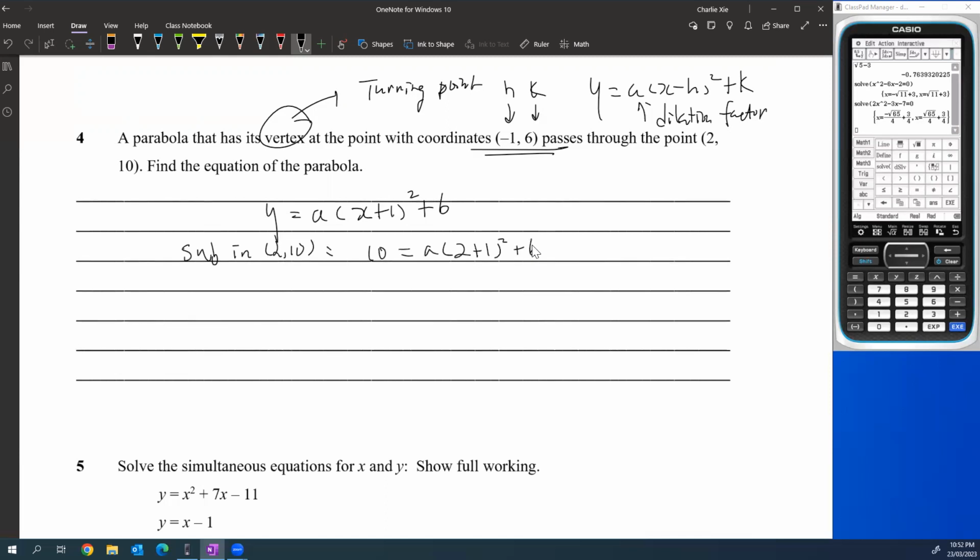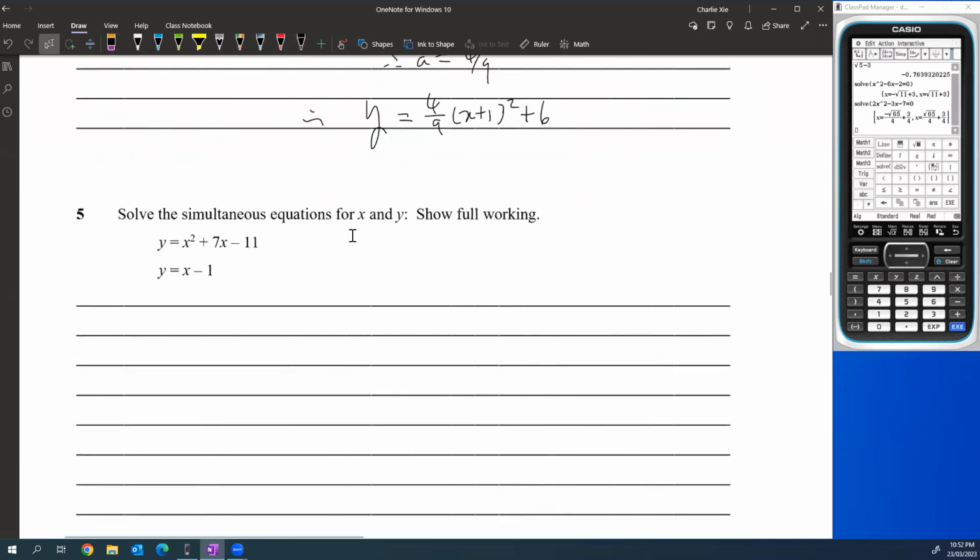Let's find a. 10 equals a times 2 plus 1 is 3, 3 squared is 9, plus 6. Therefore, taking away 6, a equals 4 over 9. Here we go, we found a. Remember, it's asking for the equation, so don't just stop at a. Therefore, y equals 4 over 9 bracket x plus 1 squared plus 6. That's your equation.